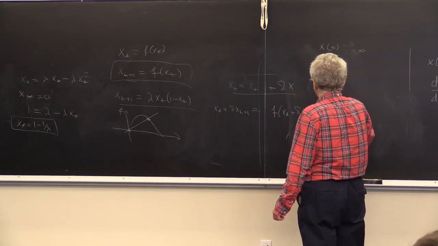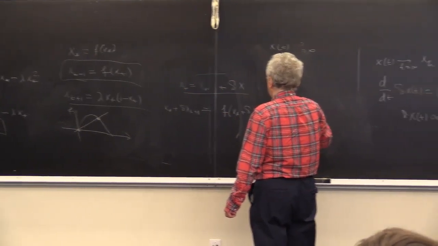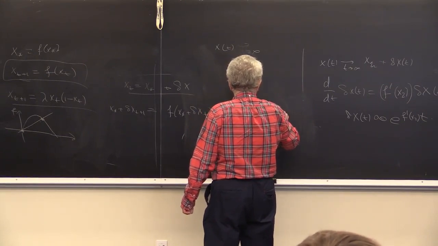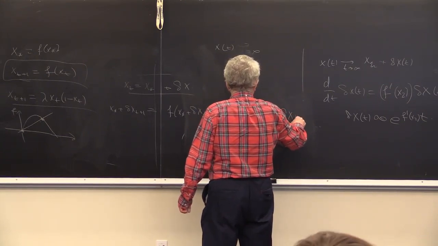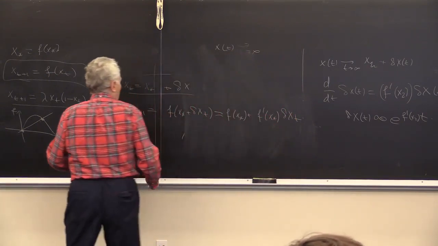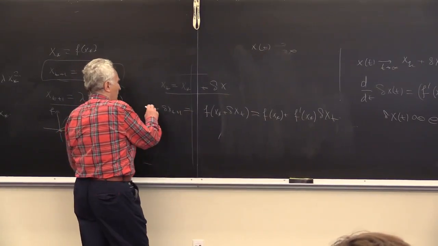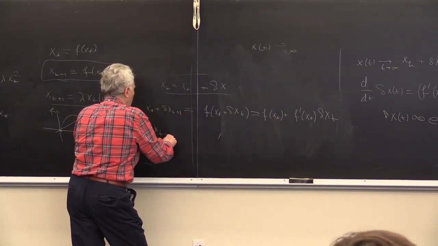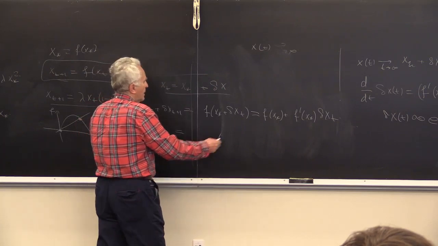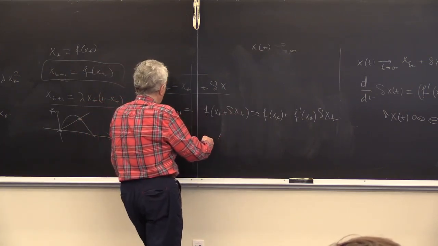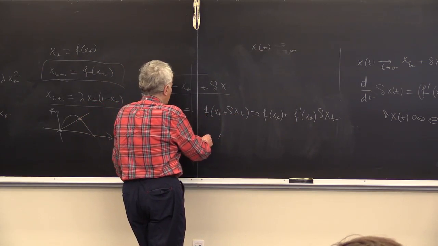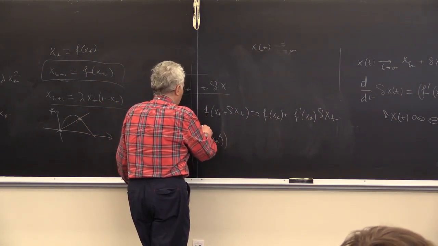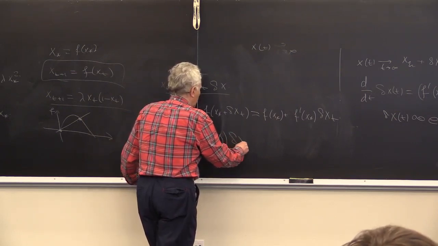And this is equal to f of x star plus f prime of x star times delta x_t. Now this cancels, so we get the equation. So far, no surprises. It just mimics the same thing for the continuous equation. Delta x_{t+1} is equal to f prime of x star times delta x_t.